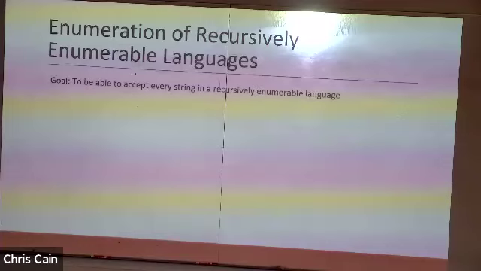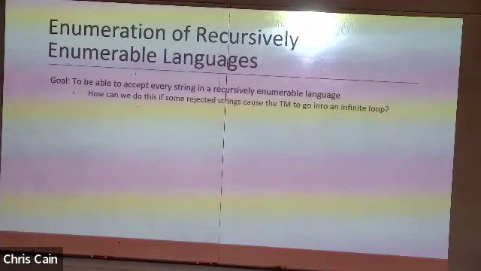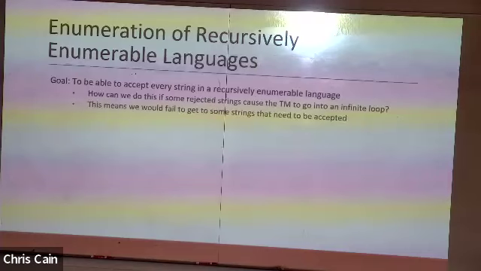So the goal is just to be able to accept every string in a recursively enumerable language. So how can we do that? Some rejected strings are going to cause the membership Turing machine to go into an infinite loop. This means there will be some string out there, probably many strings or infinite strings, that need to be accepted that we'll never get to.